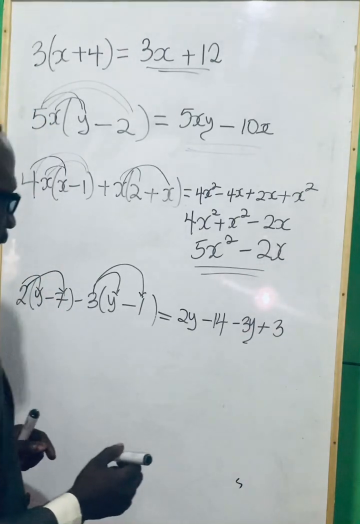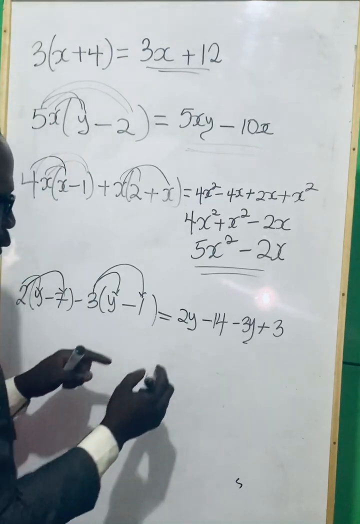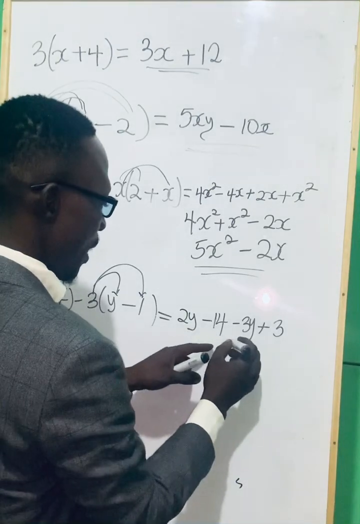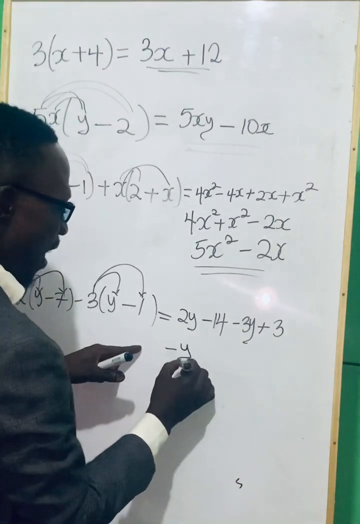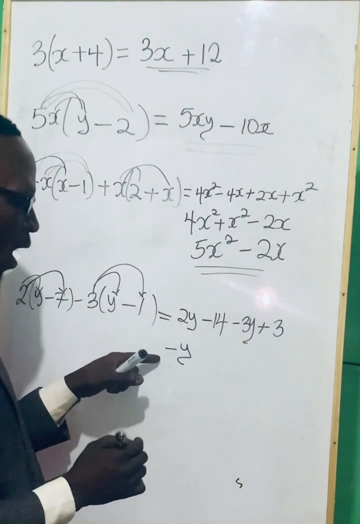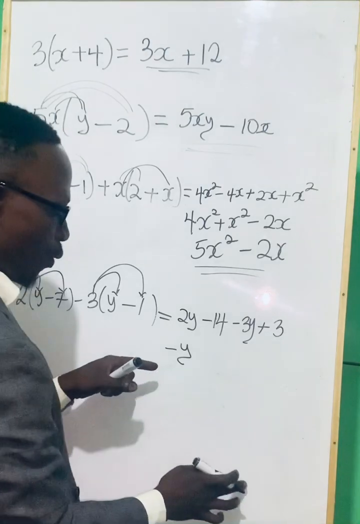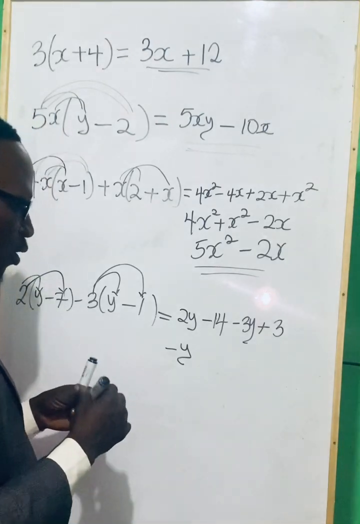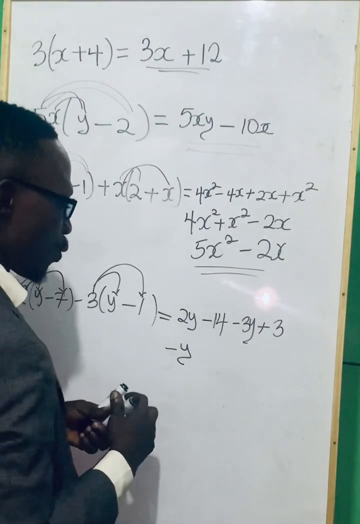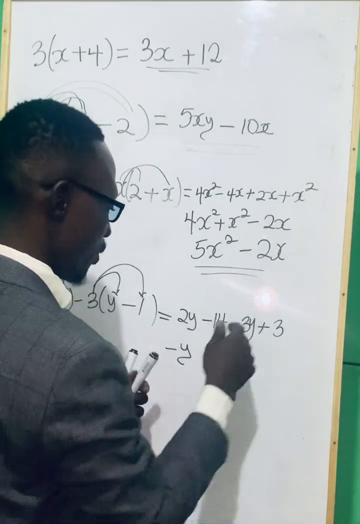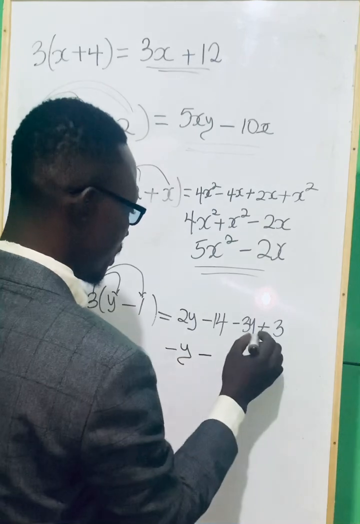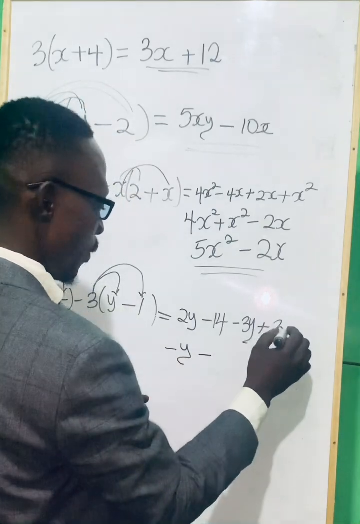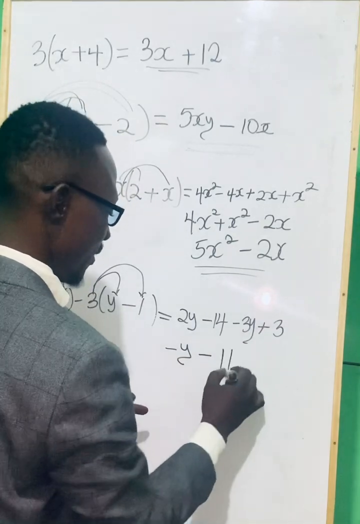So I think we can still go ahead to do something here. 2y minus 3y is going to give us minus 1y, and in this sense you write y, not 1y. Y standing like this means obviously 1y. So we are done with 2y minus 3y. Then we have minus 14 plus 3, so we have minus 11.